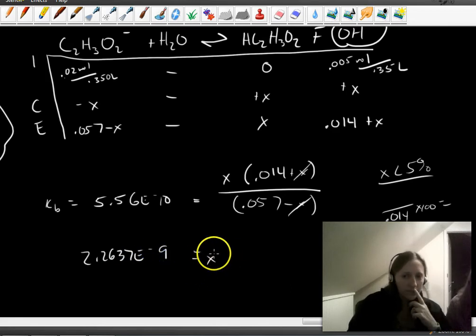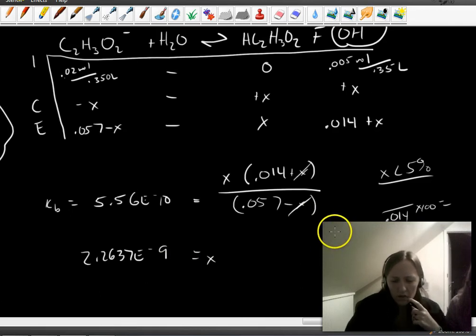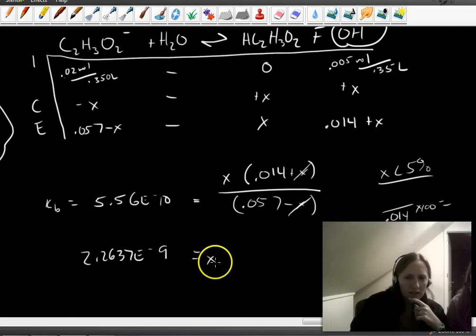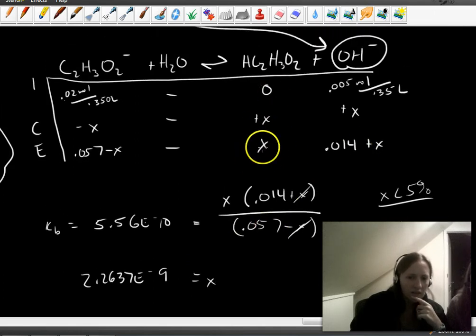So that's X. X is our weak base contribution, and X is here, the hydroxide.